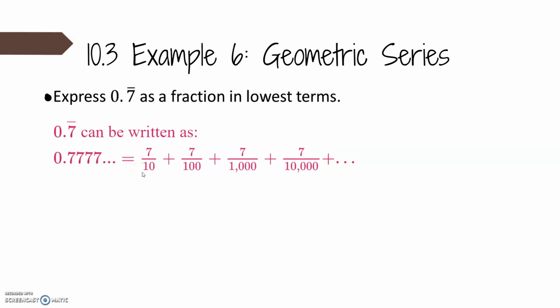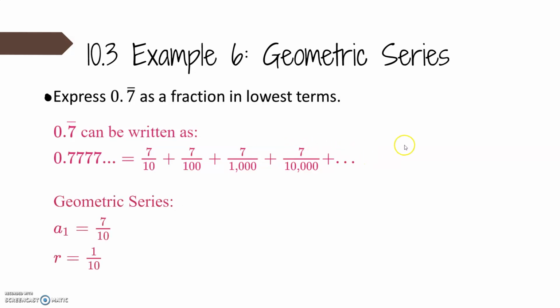Because we're dealing with place values, we have a common ratio for jumping from one place value to the next: you're multiplying by 1/10. The numerator is the repeating digit itself, 7. The denominator is getting larger because we're multiplying by 1/10. Because we're always multiplying by 1/10, that's what makes it a geometric series.